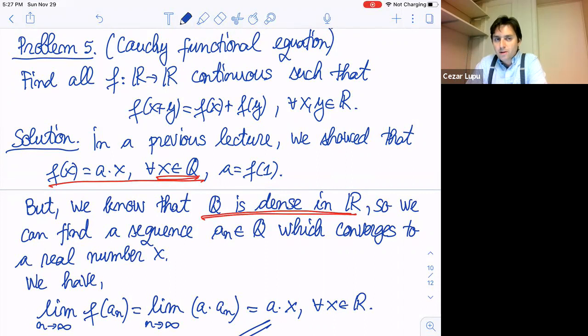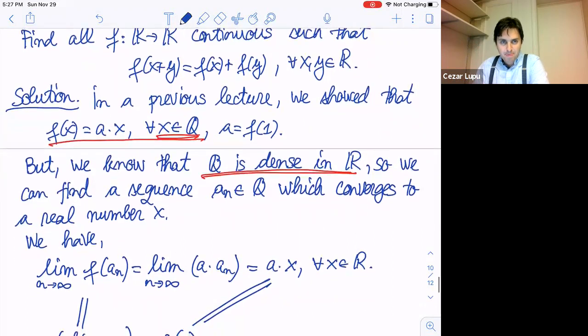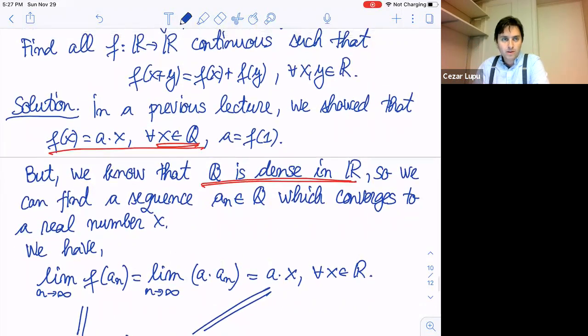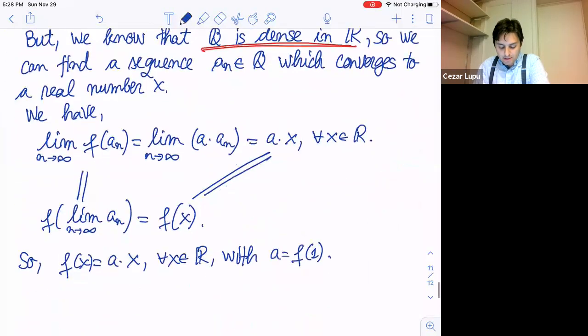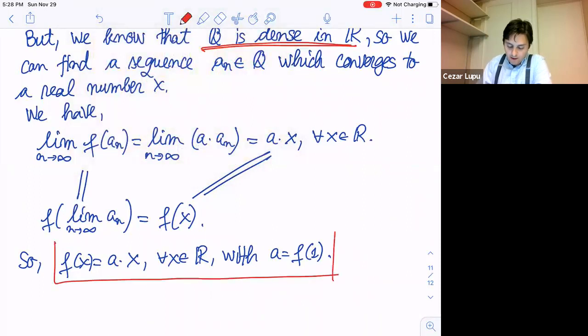So once you put these pieces of the puzzle together, you can say that all continuous, real valued functions which are additive, because this is the condition f of x plus y equals f of x plus f of y, it's called additivity, are these functions right here. So these are the functions that satisfy this. We have to keep this in mind.